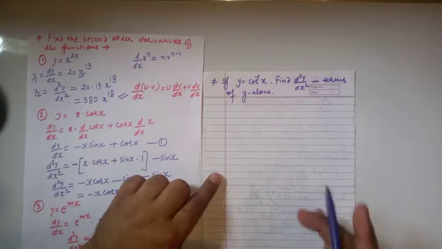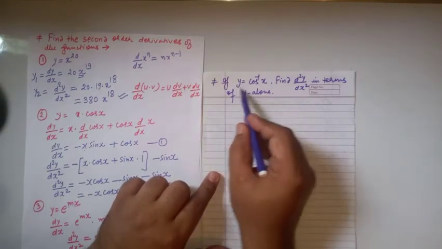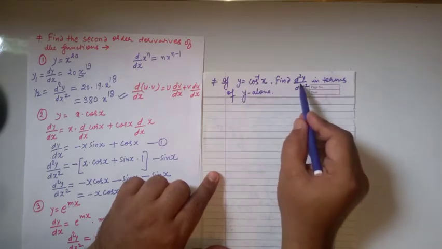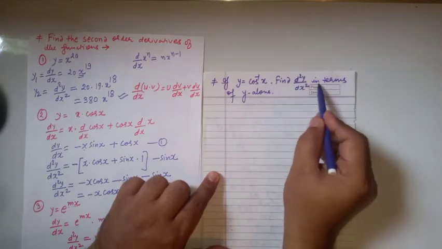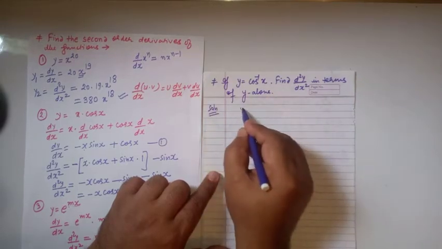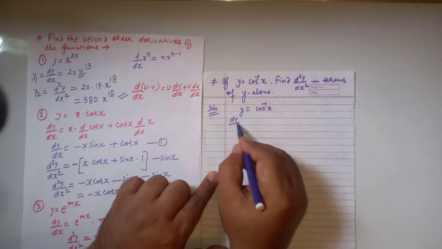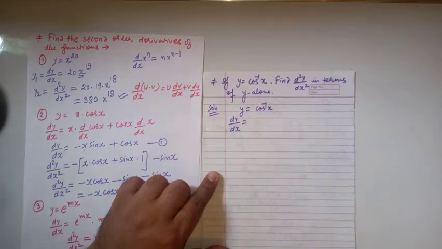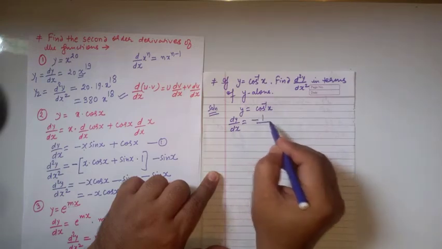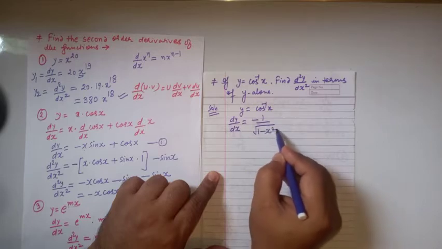Now viewers, let us take this important question. Here we have y equal to cos inverse x as the given function, and we have to find the second derivative in terms of y alone. So we have y is equal to cos inverse x, then we differentiate it. So the derivative of cos inverse x is minus 1 divided by square root of 1 minus x square.